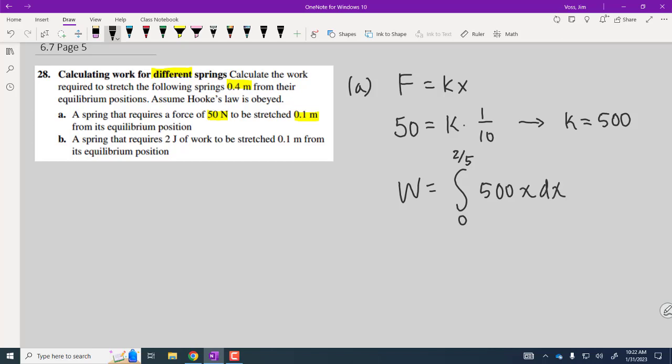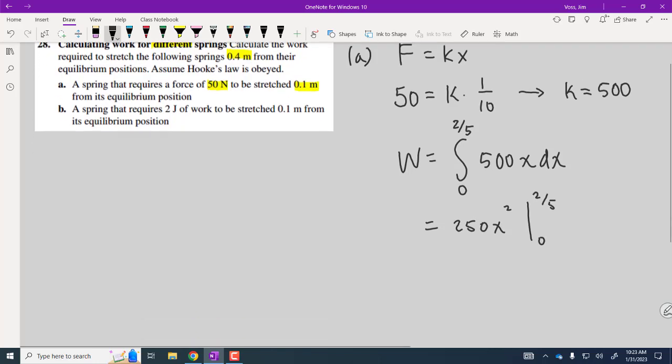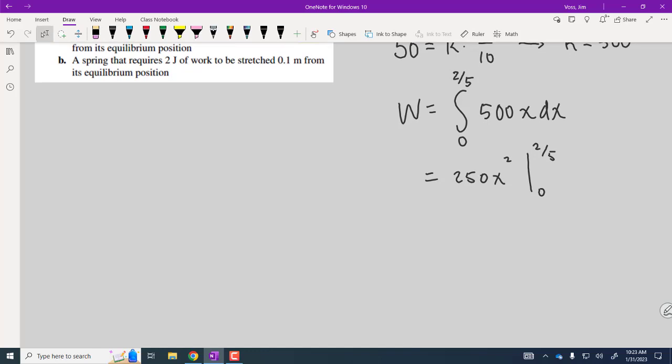So that will be the setup. (250x squared), 0 to 2/5. So we end up with 250 multiplied by 4 over 25. And that is going to be 40 joules of work.